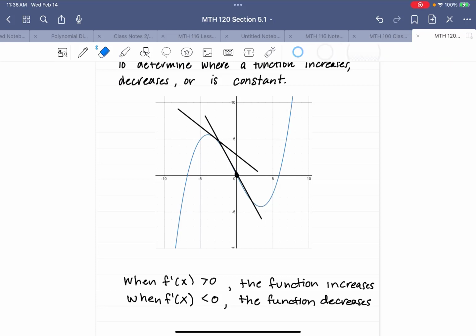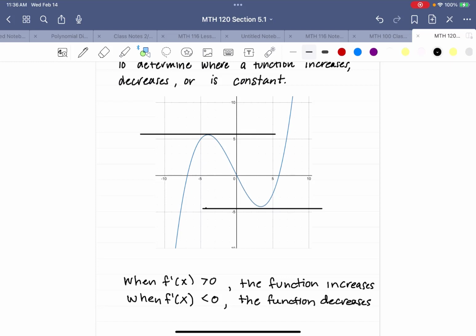And while we're not concerned with it in this section, I'll show you what happens when f prime of x is equal to 0. Remember, the slope of a horizontal line is 0.